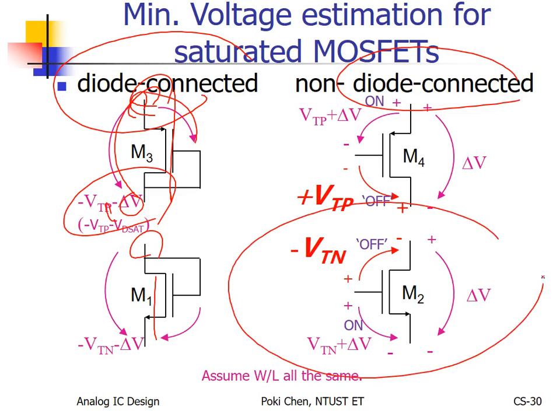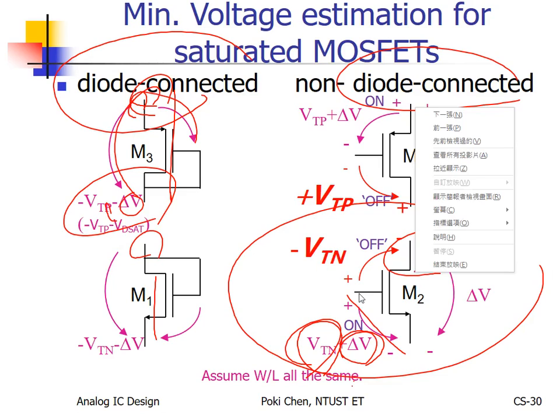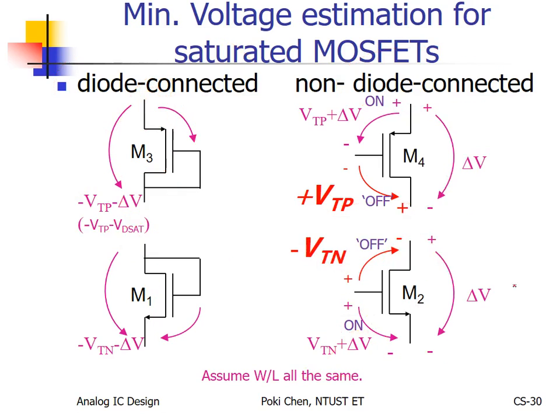So for MOS, you will know from gate to source, again, 1 VTN, 1 delta V, right? 1 threshold voltage and 1 delta V. And how about drain? That is another story. Because to make it in saturation region, this needs to be on, that needs to be off.